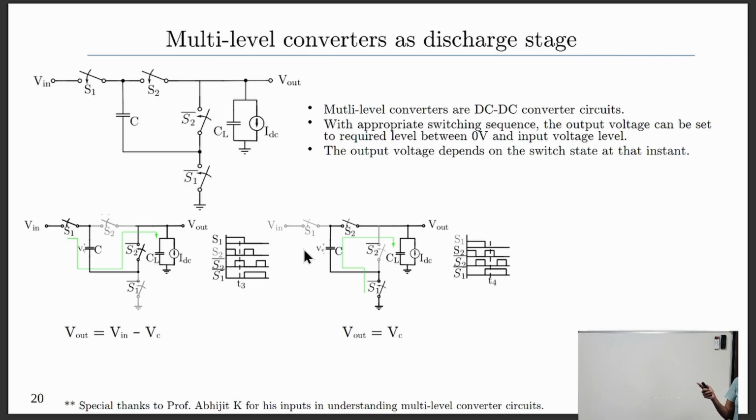And when the switches are driven by the complementary signal, Vout is equal to the charge on the capacitor. So if we switch constantly between these two states, then we can have an output voltage which is equal to half of Vin.